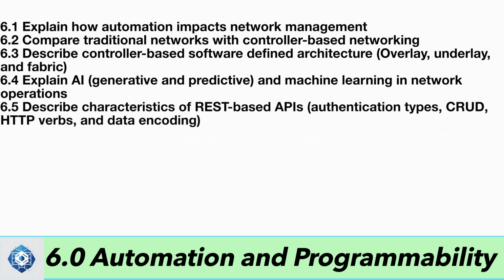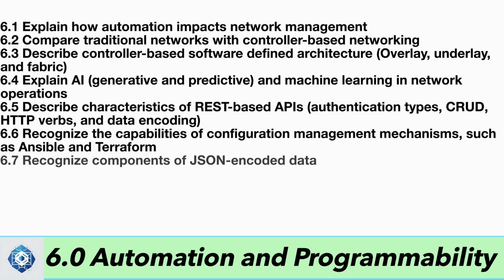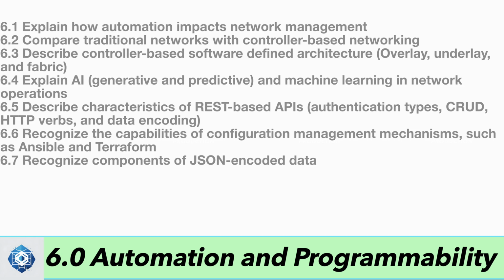Explain characteristics of REST-based APIs, authentication types, CRUD, HTTP verbs, and data encoding, and recognize the capabilities of configuration management mechanisms such as Ansible and Terraform. And finally, you'll have to recognize components of JSON encoded data.